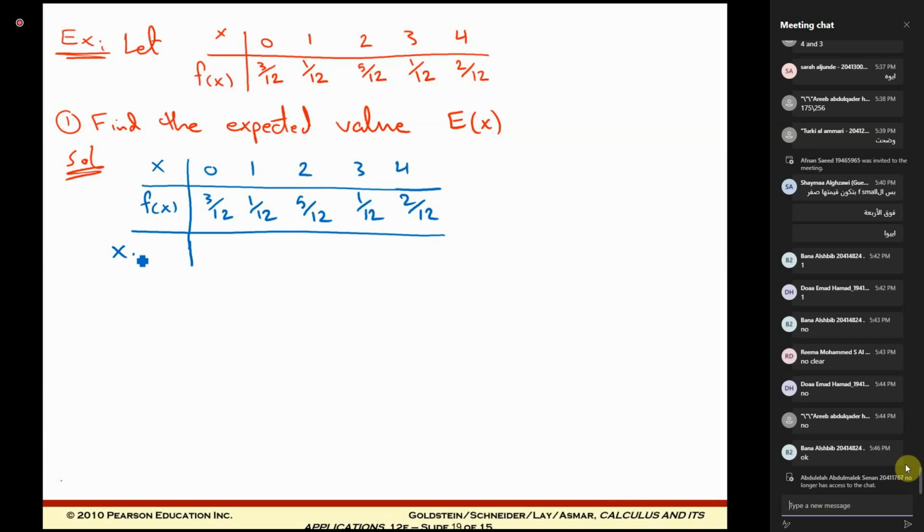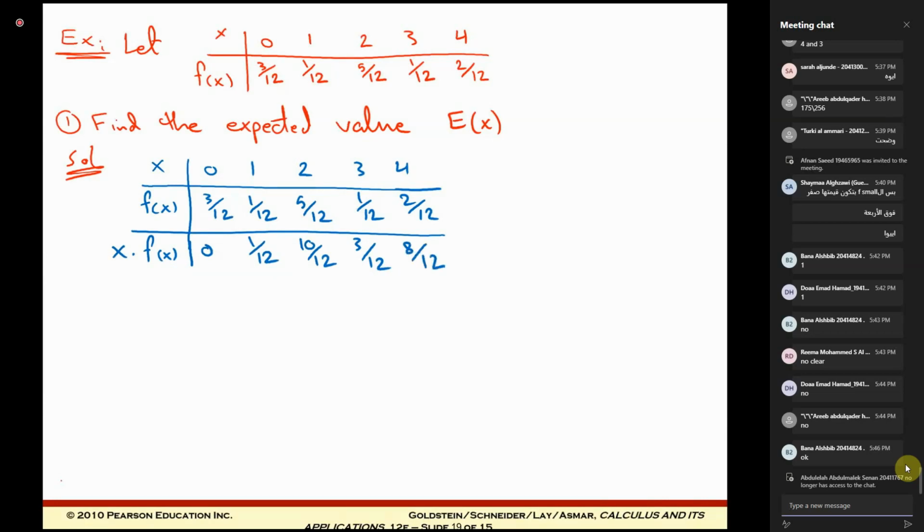Now we need to find x multiply f. X multiply f is 0, 1 over 12, 10 over 12, 3 over 12, 8 over 12.